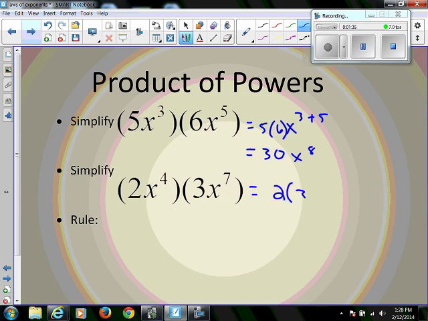Multiply coefficients. Add the exponents. Remember, we should be checking here using our calculator. Do we have a rule where we add our exponents and we take the coefficients and multiply them together?